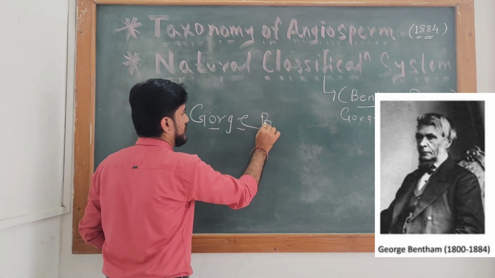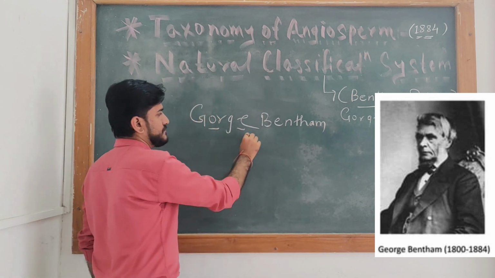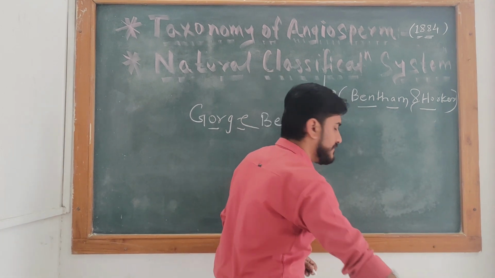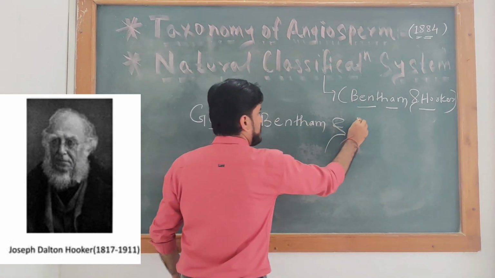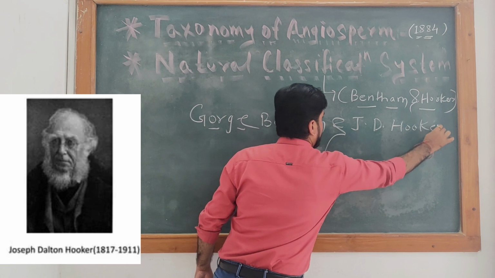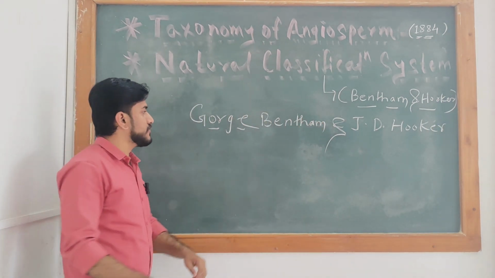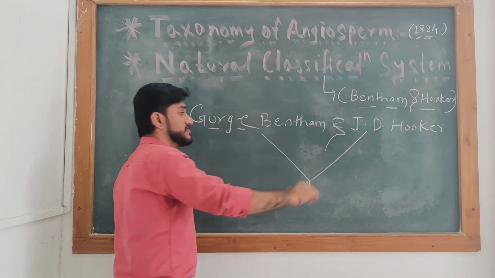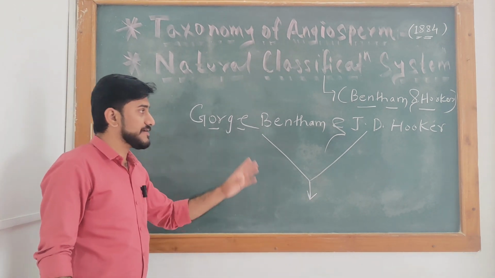George Bentham and J.D. Hooker. These two scientists studied plant groups individually at the level of morphology and at the level of anatomy.